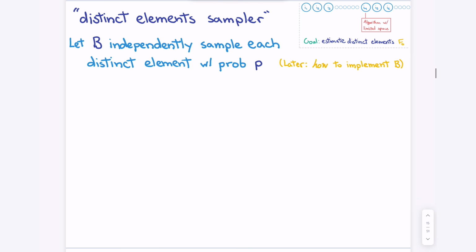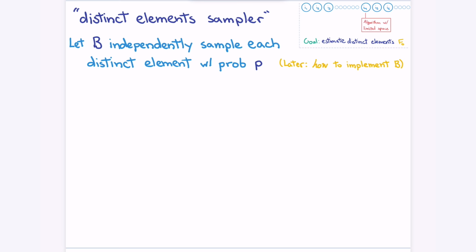Okay, here's a warm up. Suppose I gave you the following subroutine, and later we're going to figure out how to implement this. Suppose I told you that you could sample, for any fixed probability p you choose, every distinct element with probability p.